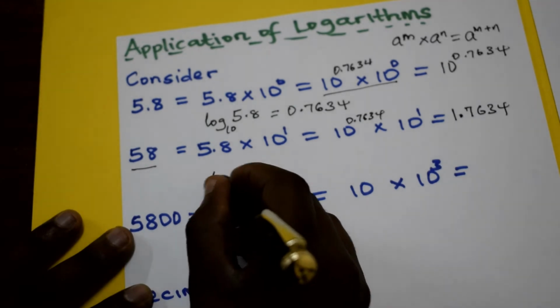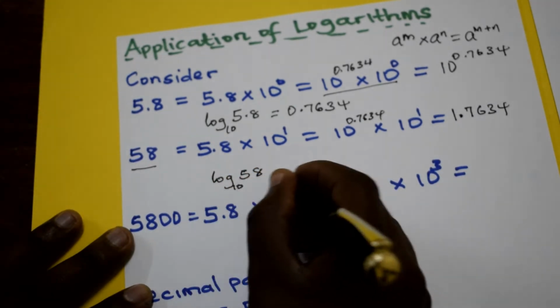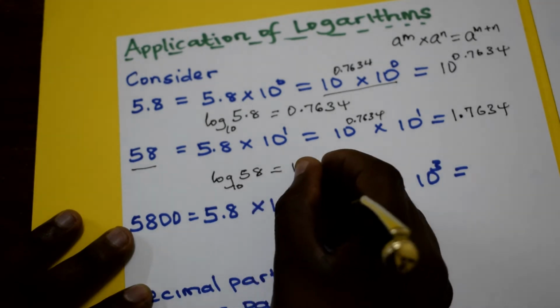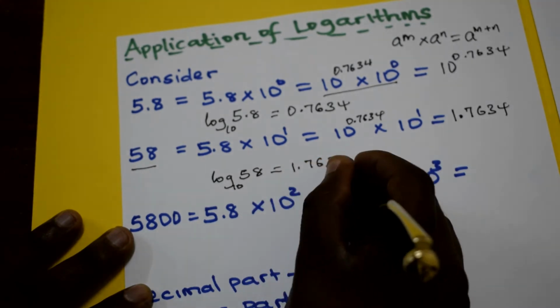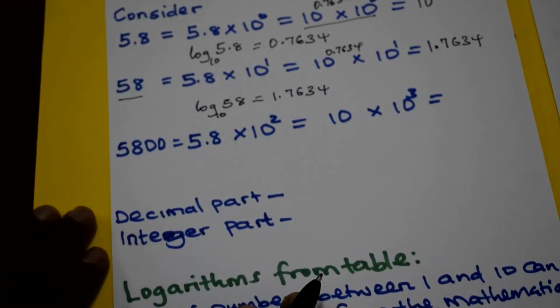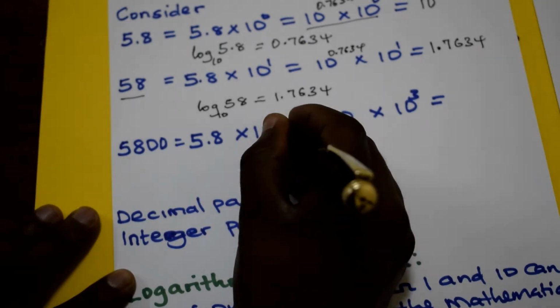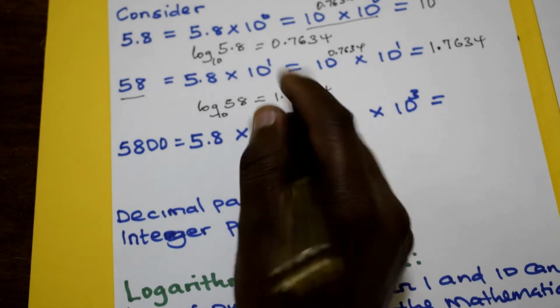Therefore, the logarithm of 58 to base 10 will be equal to 1.7634. For our next example, we have 5,800, and this can be written as 5.8 times 10 power 3.